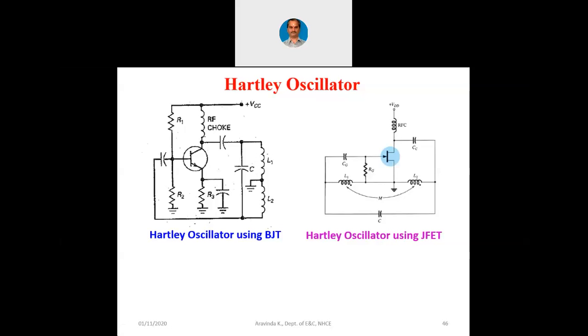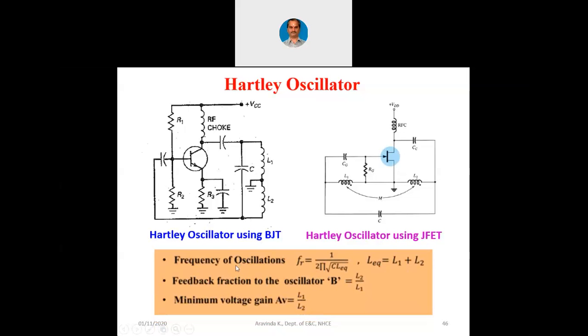The two authors have two different styles of writing the circuit diagram. I recommend the way in which I have been writing the circuit diagram. That itself is a better circuit diagram because you can easily understand there. Otherwise they are all one and the same. So even in the JFET circuit also you can see the RF choke, and this is a fixed bias amplifier which is used in the case of JFET.